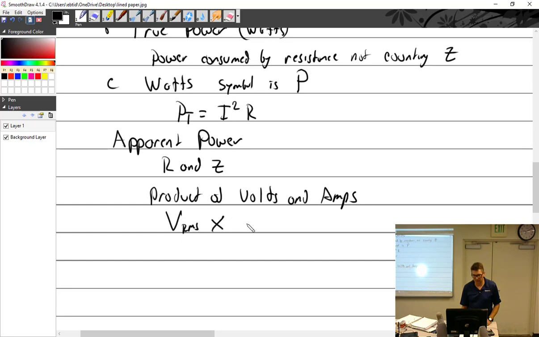So I just said it is V RMS times amps RMS. If you're doing it that way, I think you can do it. The way we're going to do it equals apparent power.